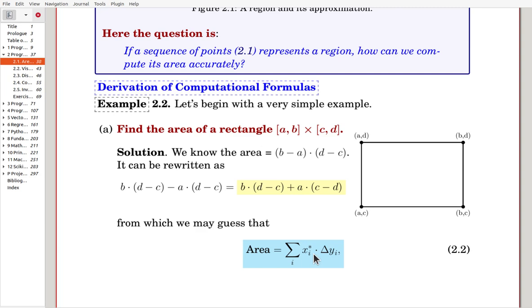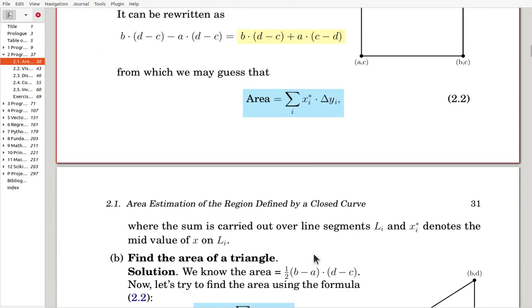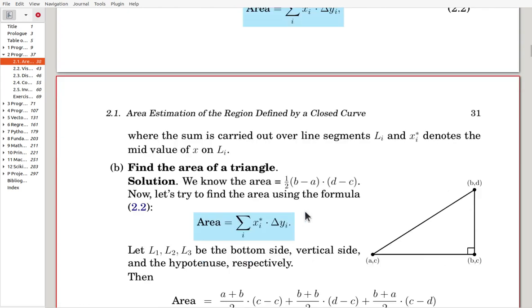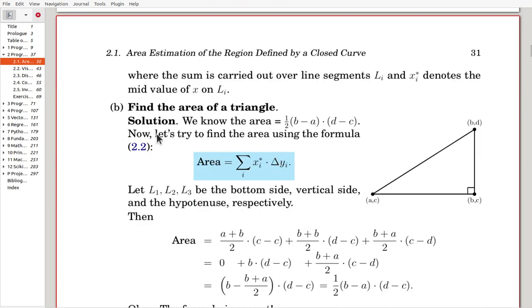Now, for this guess, let's check the reliability. Okay, now we will try to find the area of a triangle. We know the area is half times (b minus a), the length of the bottom, times (d minus c), the height. So half times bottom length times height.